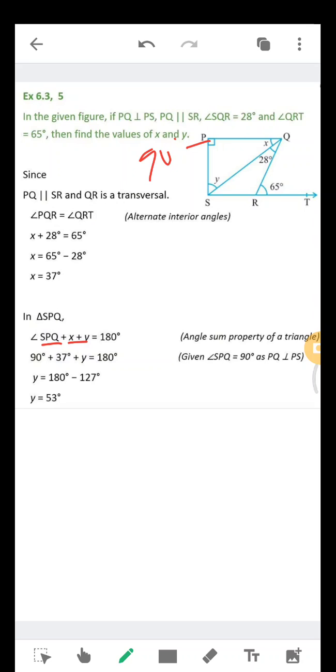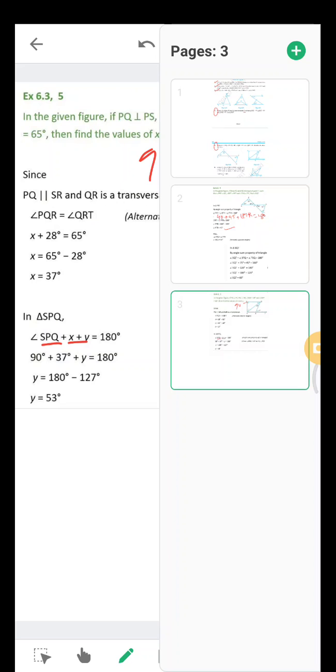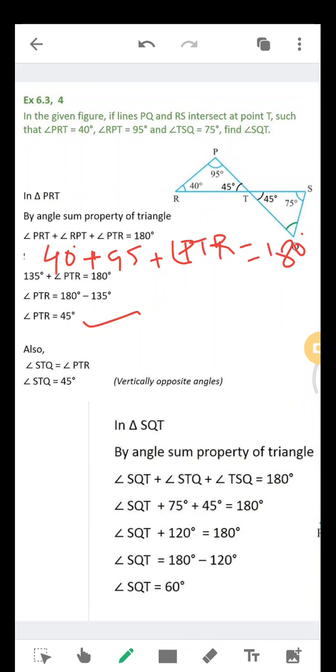PQ is perpendicular to PS, so I can directly say it is 90 degrees. The X value we just got as 37, that I have also taken, plus Y which is missing. We have to find the value of Y. So 90 plus 37 gives you 127. So the Y value will be 180 minus 127 and that will be 53 degrees. This is the way we can find any missing angle if you remember the rules and theorems related to this chapter.